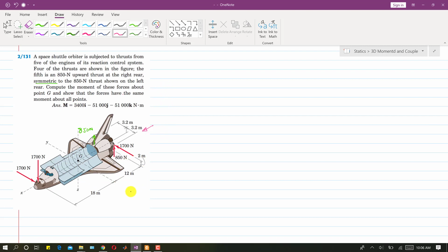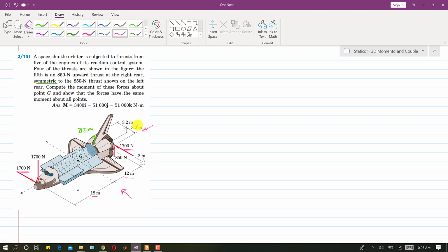If we look into this orbiter from this direction, we can see that this 1700 Newton force and this 1700 Newton force are parallel to each other but in the opposite direction, so they will produce a couple, right? The perpendicular distance between these two 1700 Newton forces, which are directed along the y-axis, is 18 plus 12 meters, so as a whole 30 meters, right?